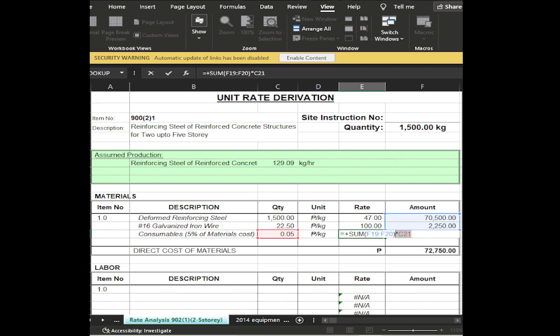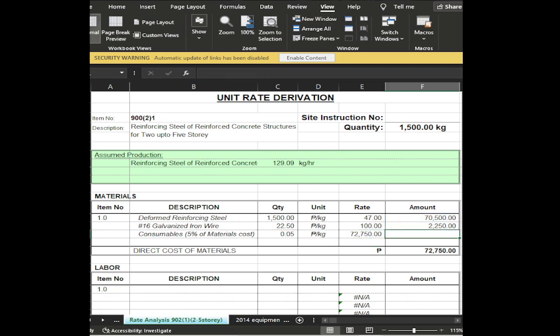We will get the total first, then we will multiply it here. So the total is 76,387. This is the total cost of the materials for 1,500 kilograms of reinforcing steel.